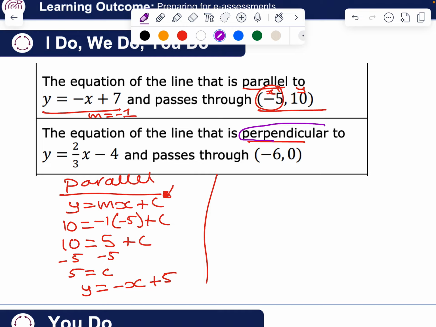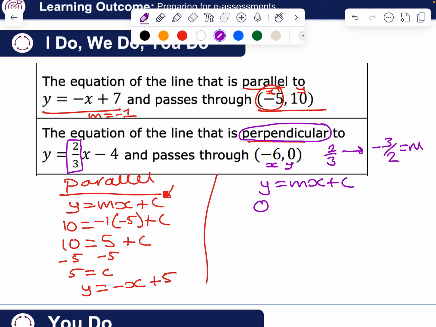Now, if it says the word perpendicular, that means the negative reciprocal of the gradient. So the negative reciprocal of 2 over 3 is negative 3 over 2. So that's my m. And it goes to the point negative 6, 0. So again, we're going to start with y equals mx plus c.